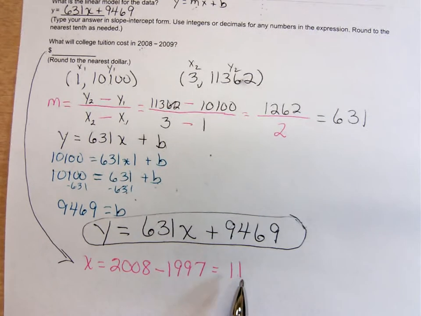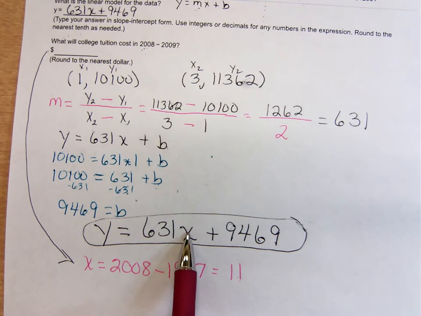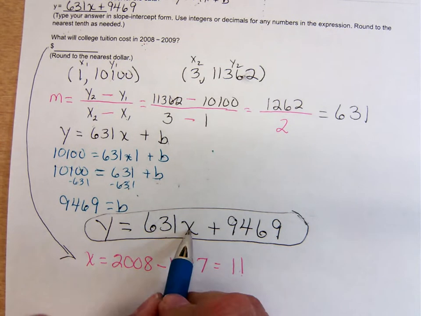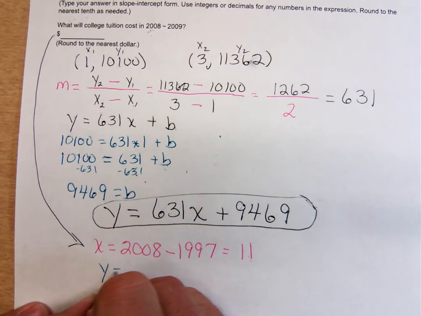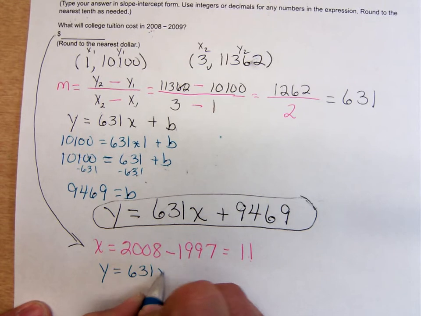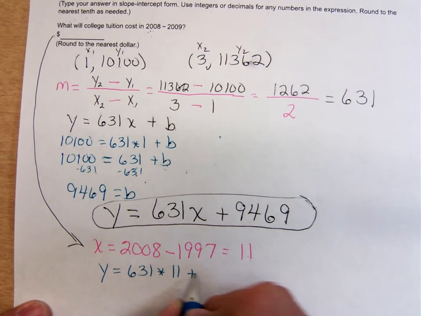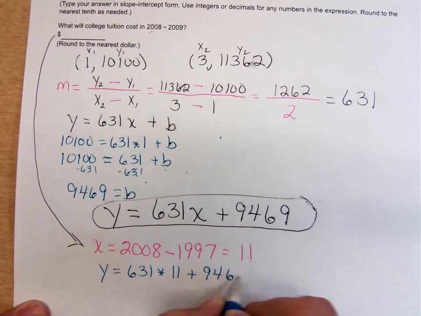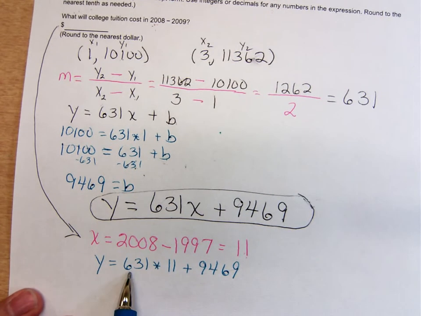Now, plug this 11 in for X. Go to your formula, and in place of the X, put in 11. So this means that the school's tuition is going up on the average at a rate of $631 a year.